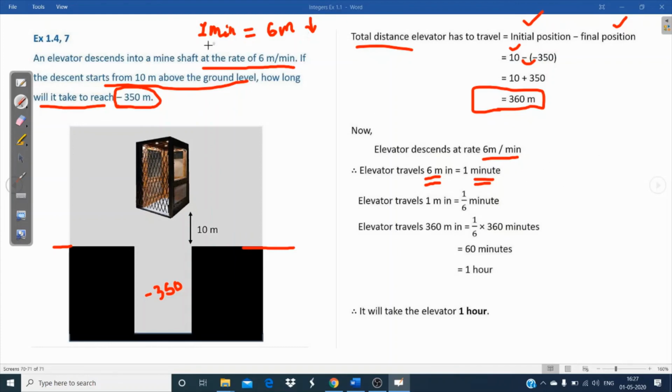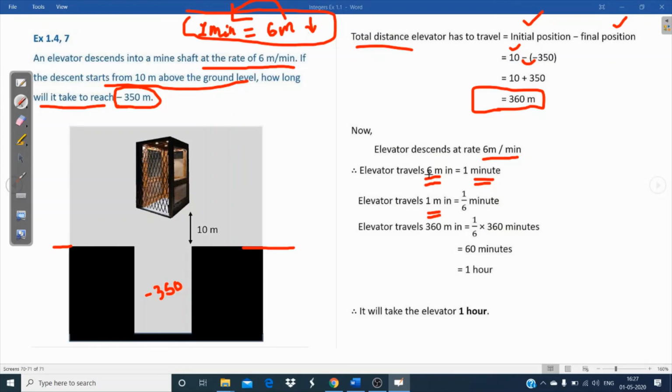So now from this same equation, we can say elevator is traveling 6 meter distance in 1 minute. So elevator travels 6 meter in 1 minute. So by unitary method, elevator travels 1 meter in how much time?